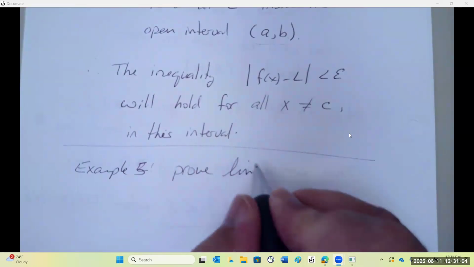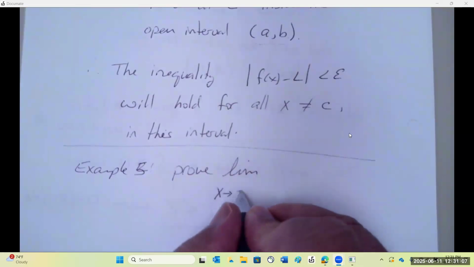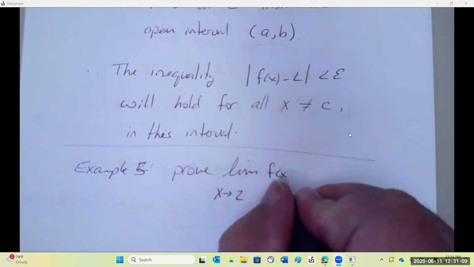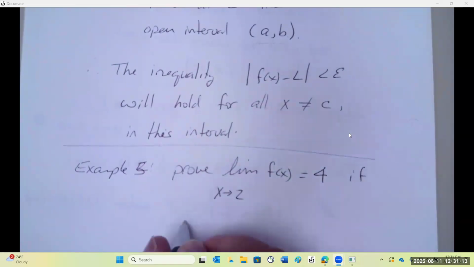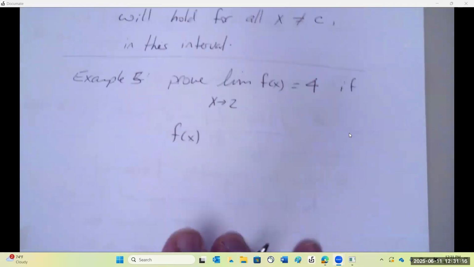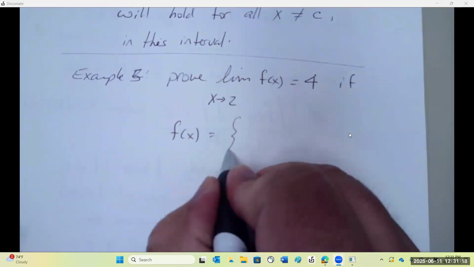Prove the limit as x approaches 2 of f of x equals 4, if f of x equals the piecewise defined function.